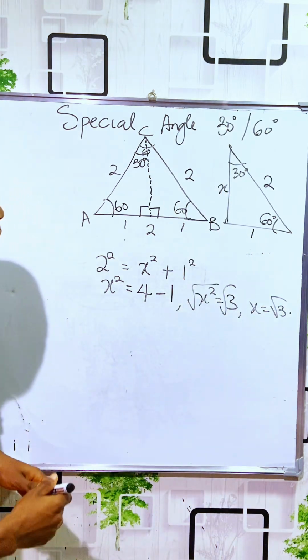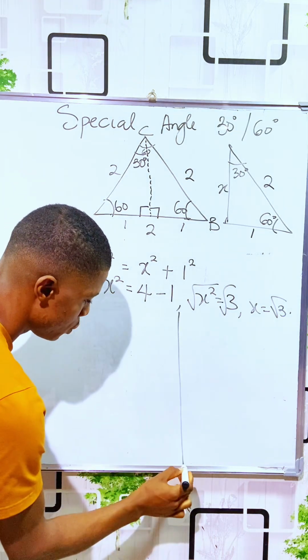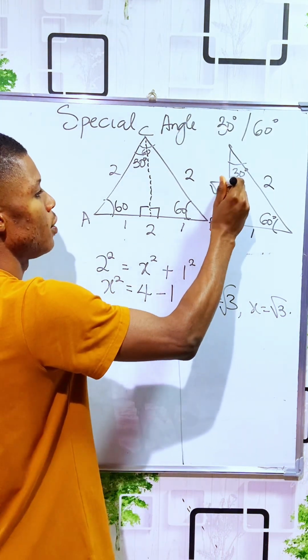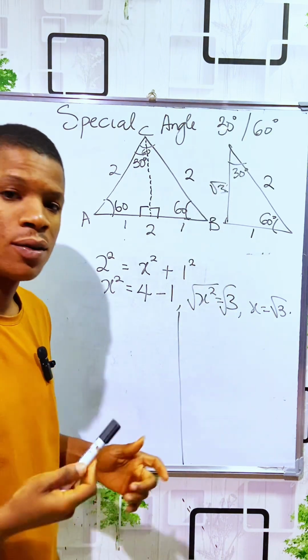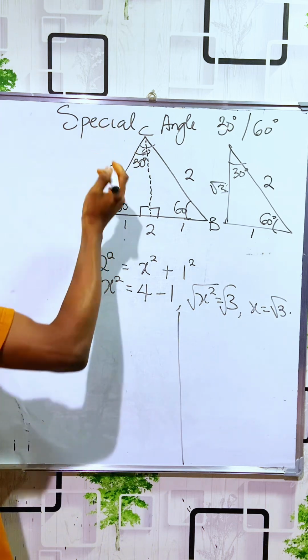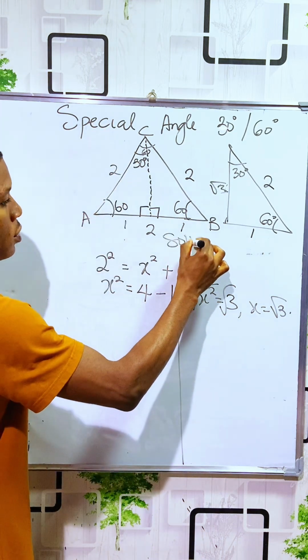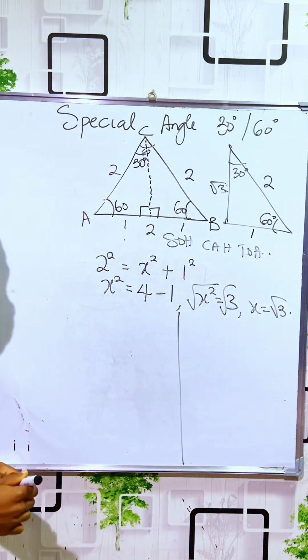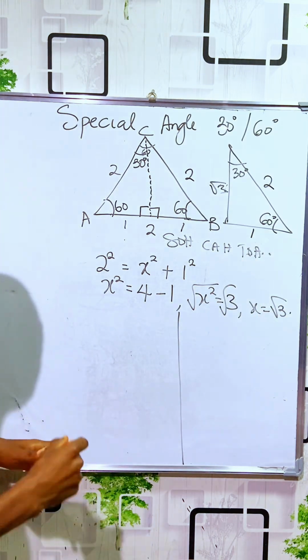So let's take a good look at the three trigonometrical ratios we have. It's now easy. So here is just root 3. Recall we are using SOHCAHTOA. Let's look at sine.